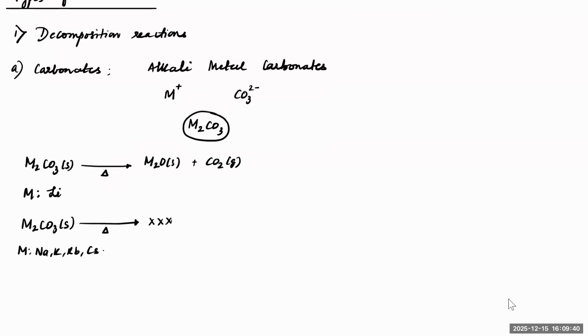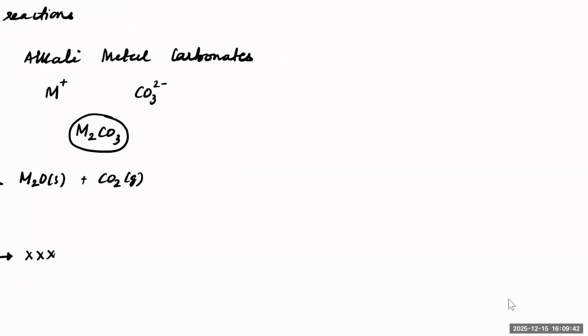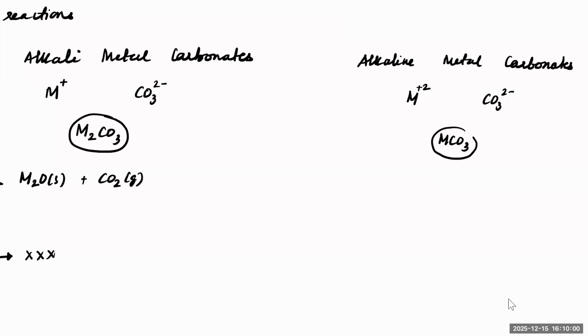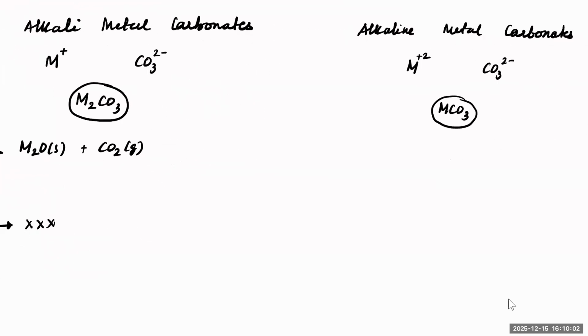Clear? While on the other hand, if we consider alkaline earth metal carbonates, that means the metal will have a plus 2 charge, carbonate will have a 2 minus charge. So that makes it MCO3. And MCO3, usually when you heat it strongly, will become MO solid plus CO2 gas.